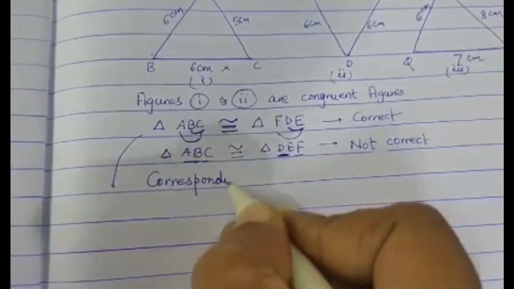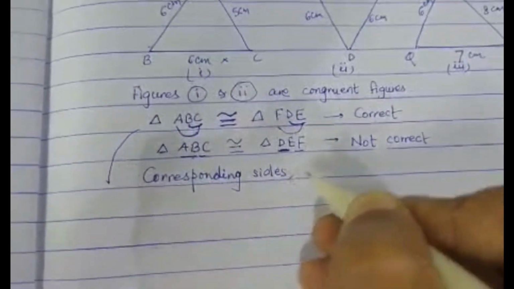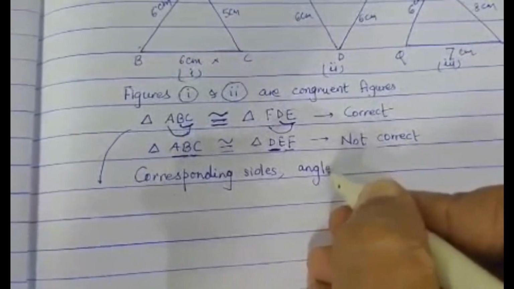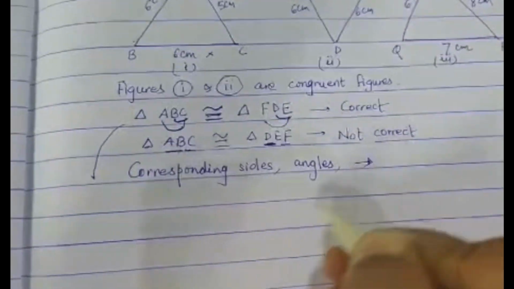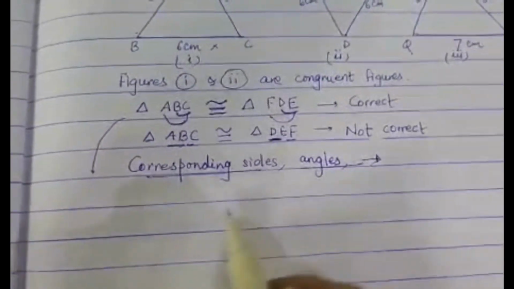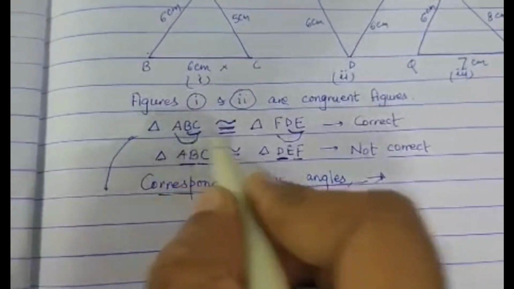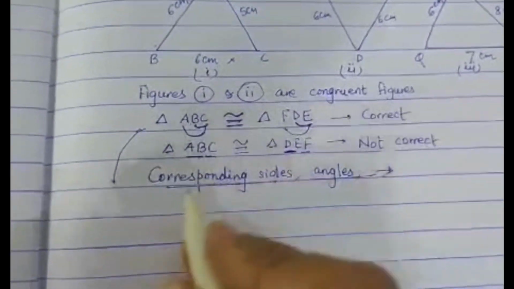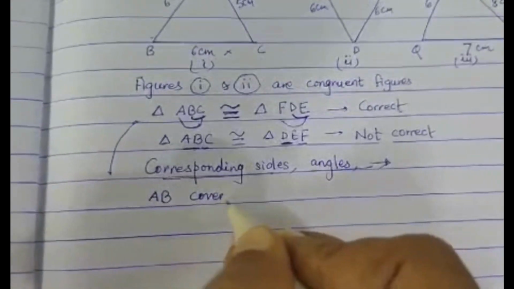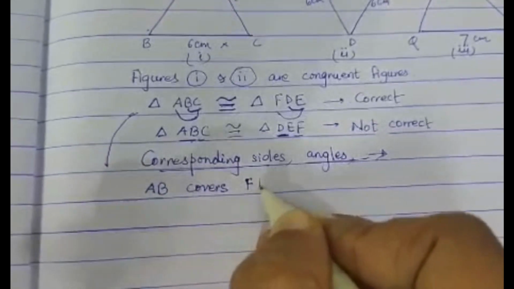Corresponding sides, angles also, these have to be equal, and vertices. So corresponding sides and corresponding angles have to be equal. When we write triangle ABC is congruent to triangle FDE, it means side AB completely covers side FD.